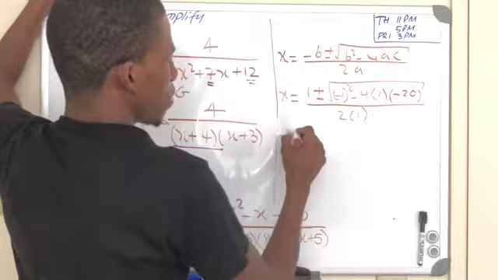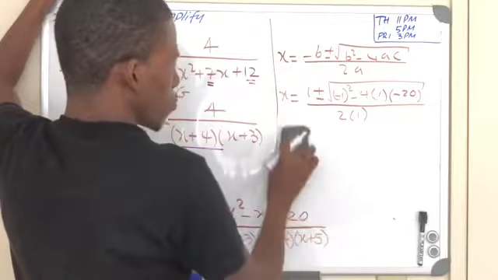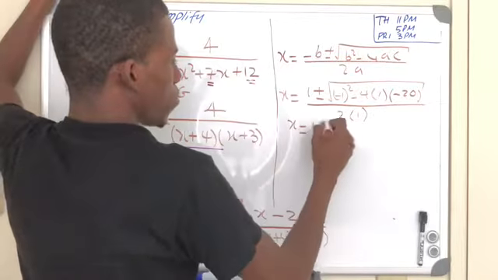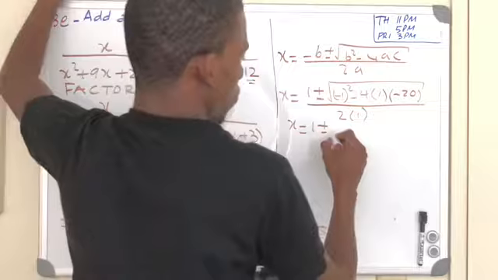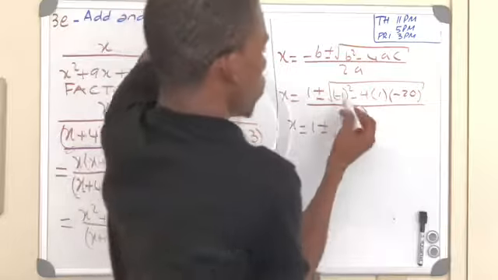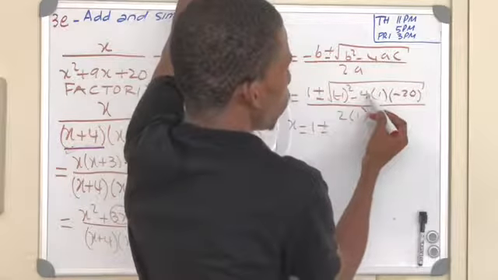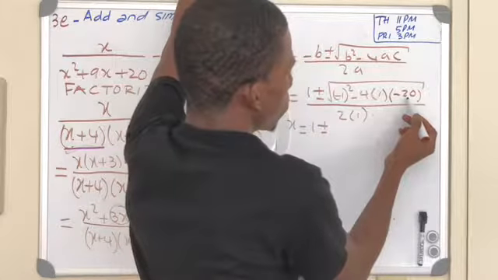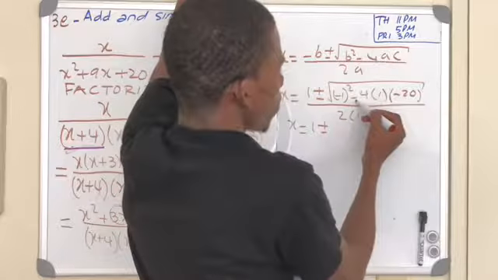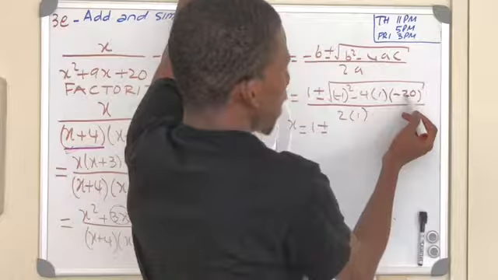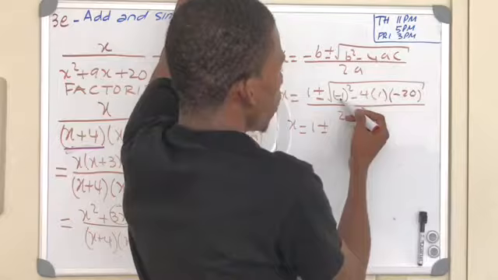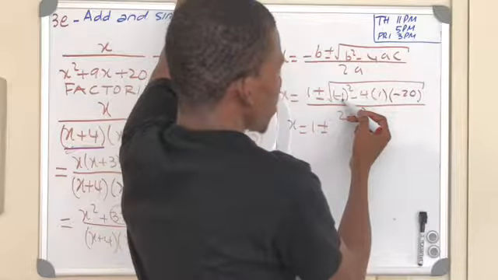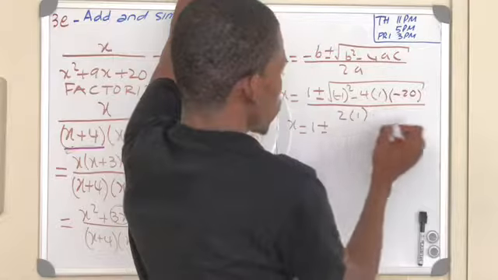Okay, so x is equal to 1 plus or minus the square root of 1 squared, which is 1, minus 4 times 1 times minus 20. Minus times minus is positive. 4 times 20 is 80. 80 plus 1 is 81. Square root of 81 is 9.